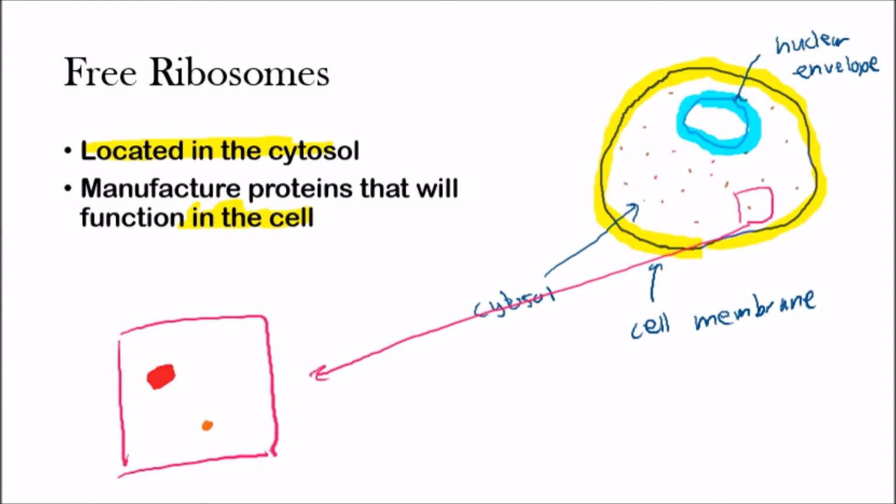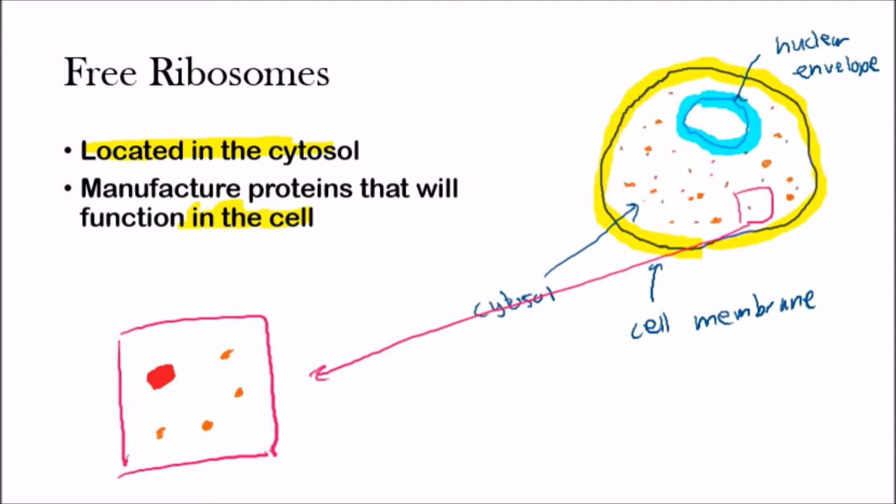These orange proteins form all throughout the cell, and they have nowhere to go. They're just floating around in the cytosol. As they're formed, they sit right next to the free ribosomes that made them. So because of that, free ribosomes manufacture proteins that will function in the cell.